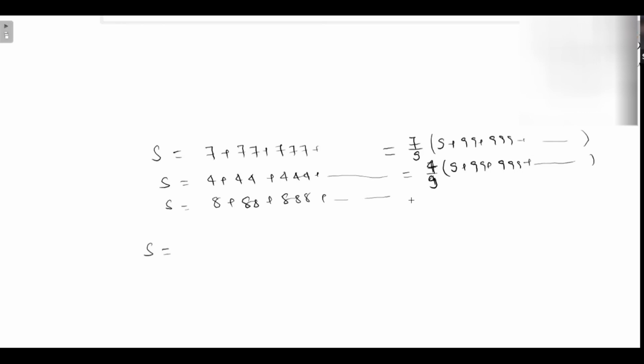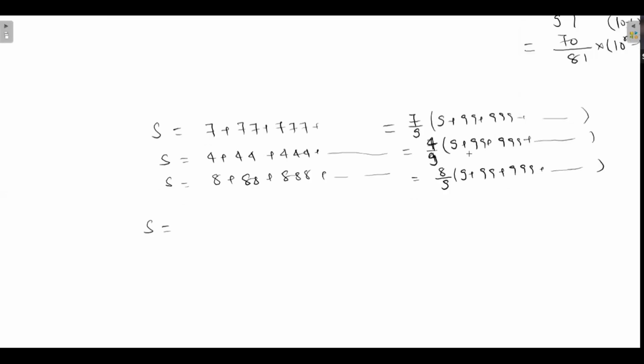Here too, I can write it as 8 by 9, 9 plus 99 plus 999, and so on and so forth. So you can see, if you multiply this, this 9 will get cancelled. This will be 7, 77, 777, and so on and so forth, right?